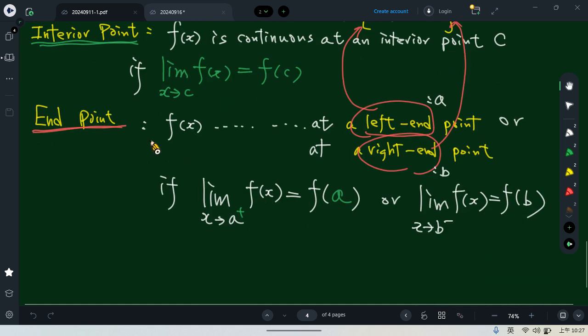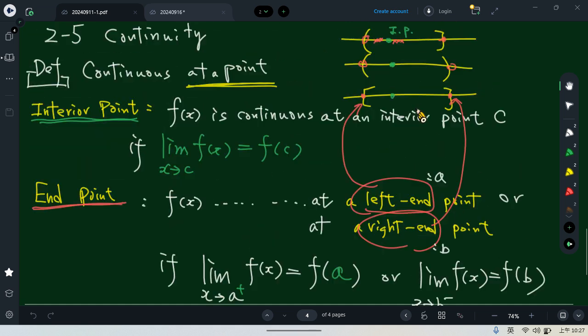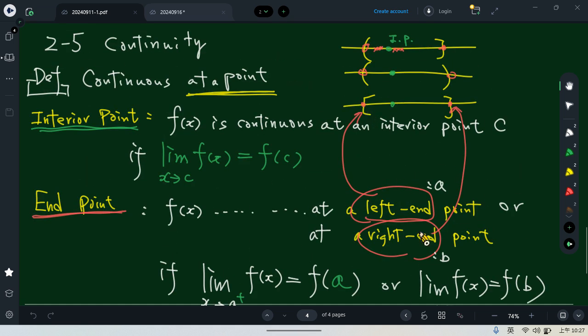But for the endpoint, we know for an interval, normally we have two endpoints, right? One is the left end, like this point. One is the right end, this point.